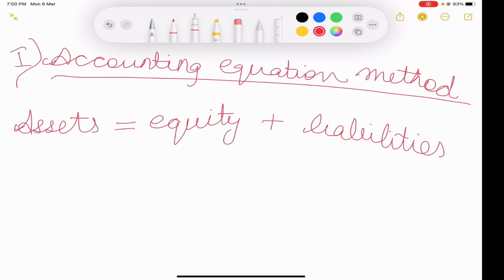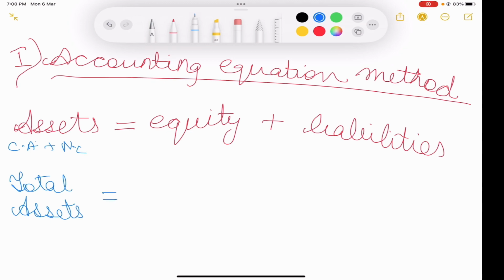If I want to expand this equation, what am I going to do? What are assets? Assets have current assets and non-current assets, right? So we're basically talking about total assets, which comprise current assets and non-current assets.